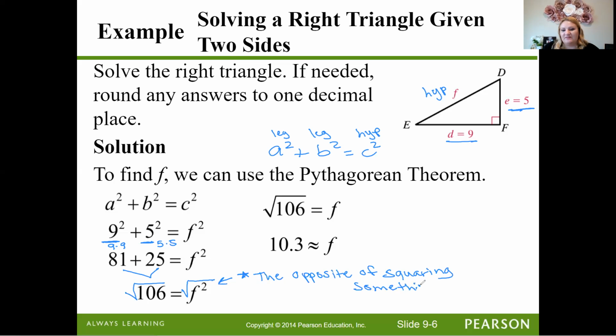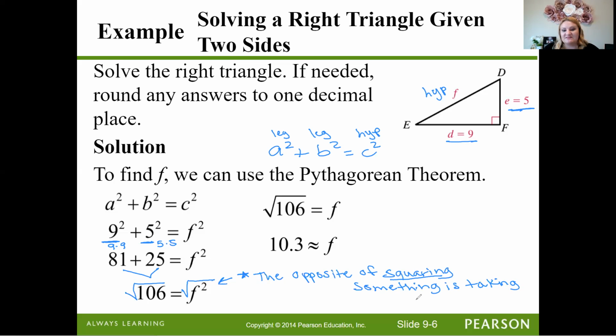And this is an important fact to know, just how we know how multiplying is the opposite of dividing and dividing is the opposite of multiplying. You need to know that the opposite of squaring something is taking the square root.